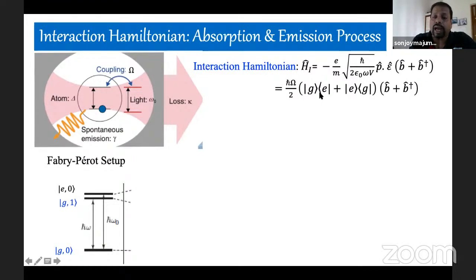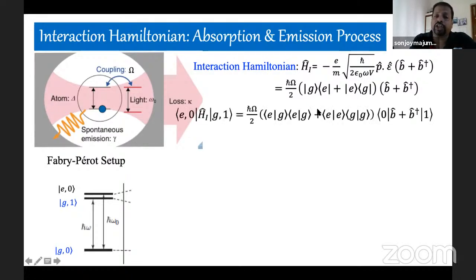But here, as you see, it is not GG, it is actually GE and EG. That's because for electric dipole transitions, ground state to ground state is prohibited due to parity conservation, which I am not going into, but you need to reach a different parity state.